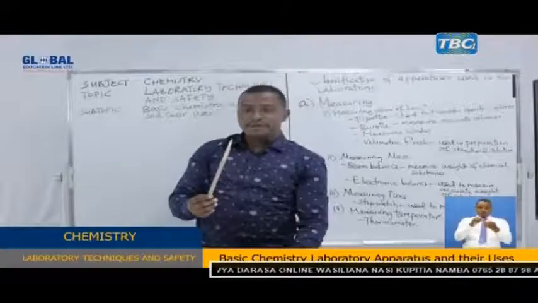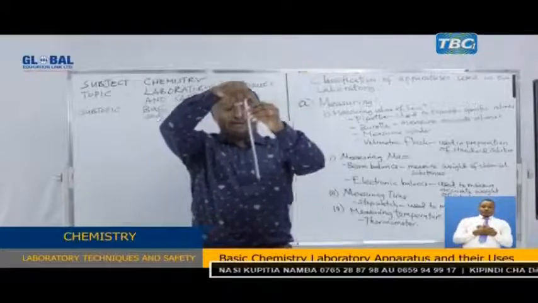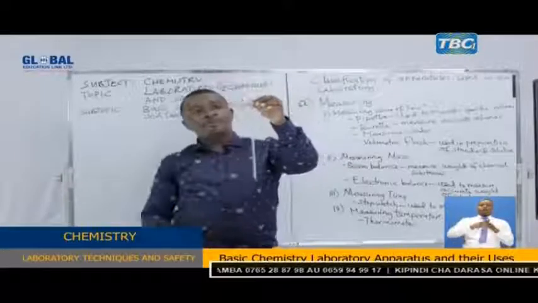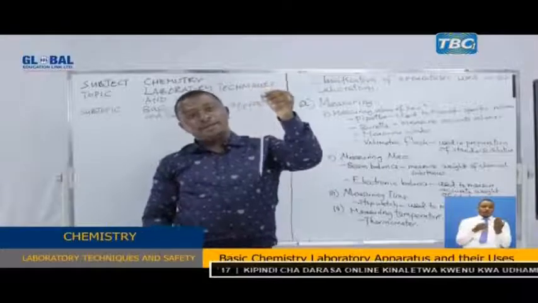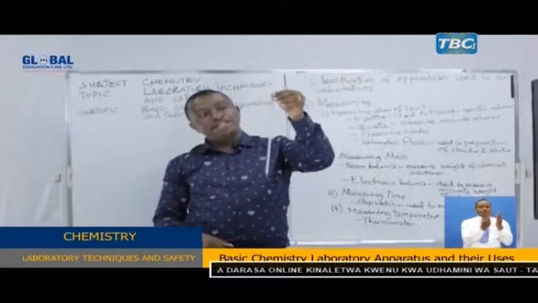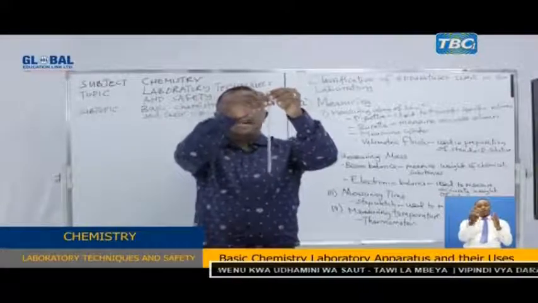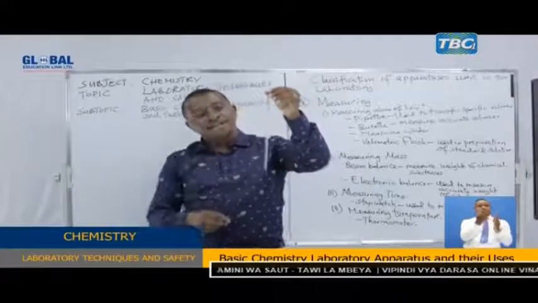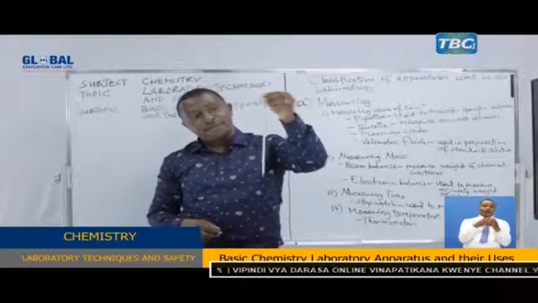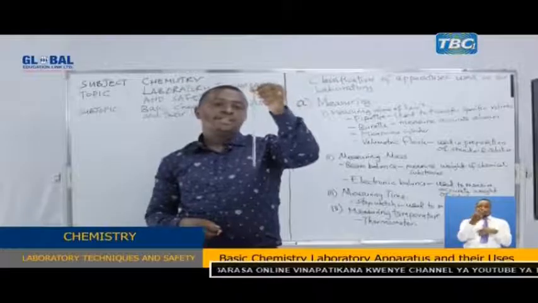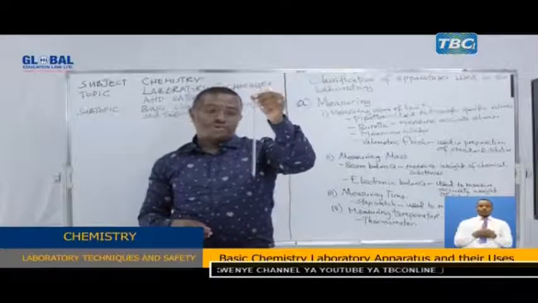So just open. This is a thermometer. And most of the thermometers used in the laboratory are calibrated. There are some which are calibrated from 0 centigrade to 100 centigrade, and the others are calibrated from negative 10 centigrade to 110 centigrade. And most of the thermometers found in the laboratory are made up of mercury.